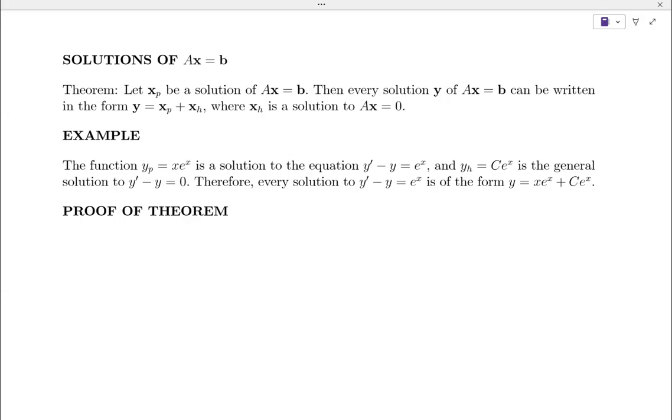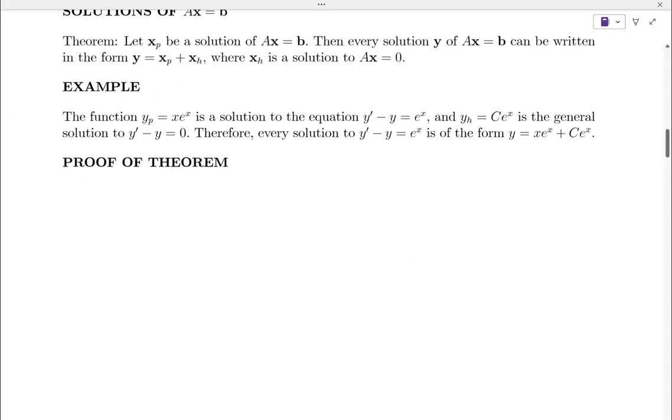All right, so let's see how the theorem works. It's actually not bad. Let x sub p be a solution to the system.